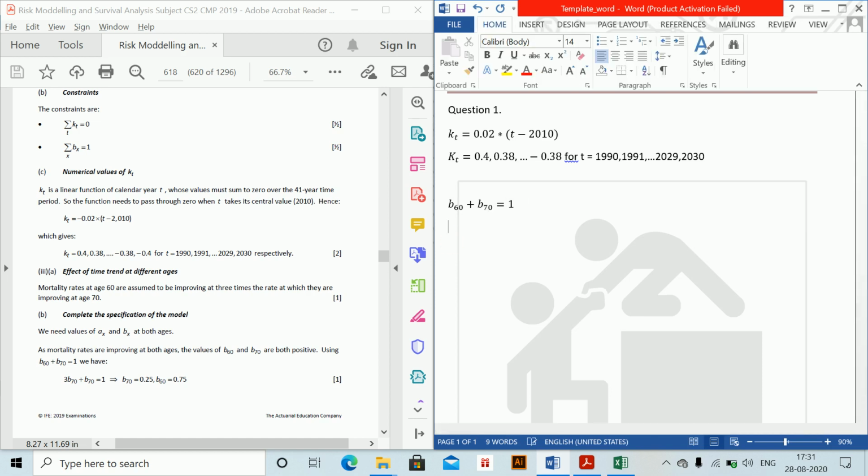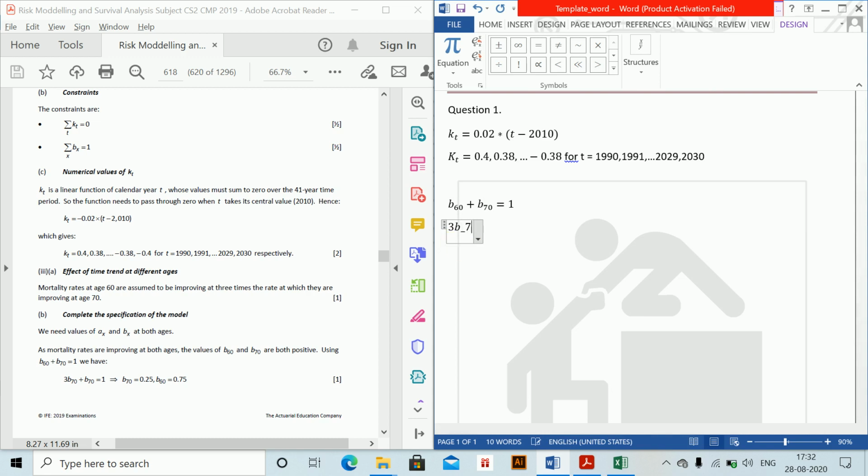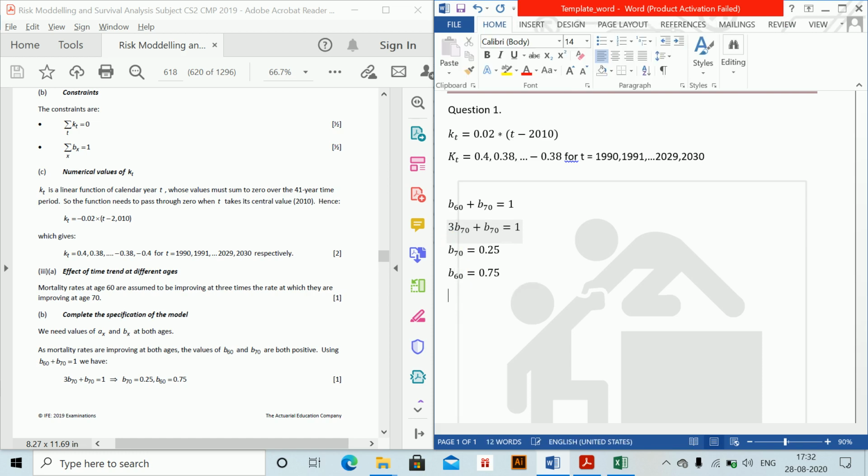So 3b70 plus b70 is equal to 1. So b70 is equal to 0.25 and b60 is equal to 0.75. This was given to us.